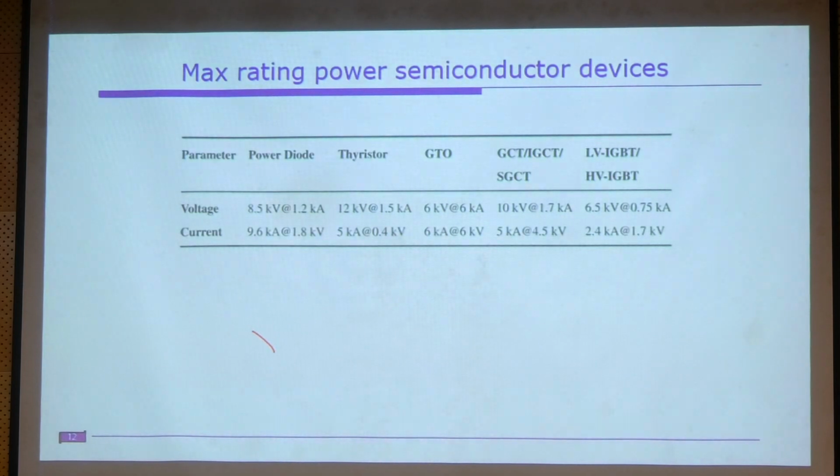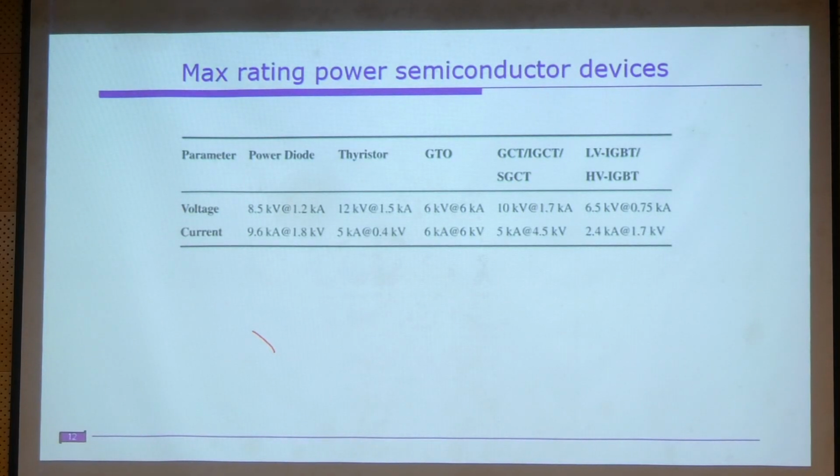For example, for the first device, the power diode, the voltage is around 8400 volts, but the current is just 1200 amperes, right? At the bottom, the current rating is 9600 amperes, but it can block only 1800 volts, right?